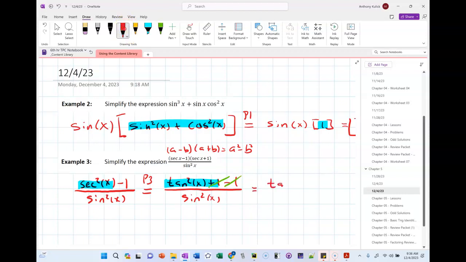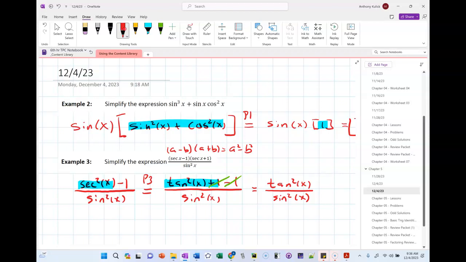So that's lovely. So that's an improvement now, right? We're down to a single thing over a single thing, right? That's better than with addition and subtraction, so that's an improvement. We're getting closer to the end.